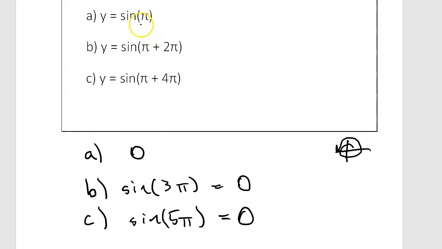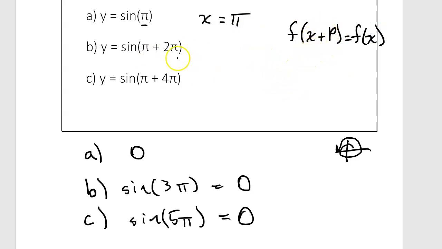What we did was take x equal to pi in terms of our periodic definition. So that's our definition for something being periodic. We defined x as pi, and then we added 2 pi and 4 pi.